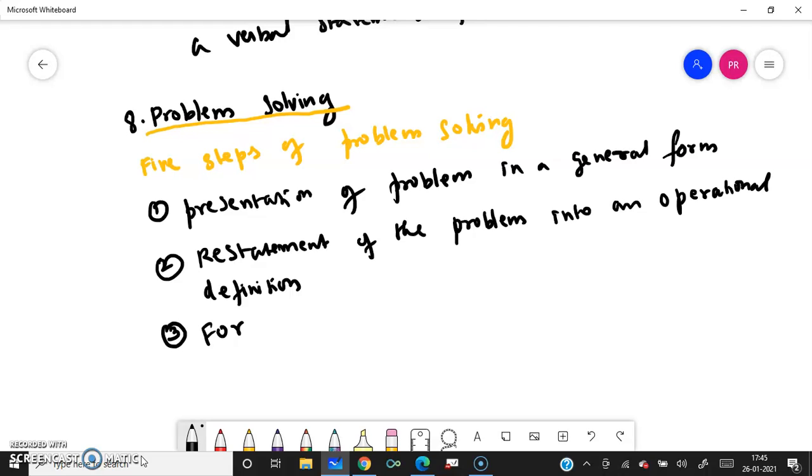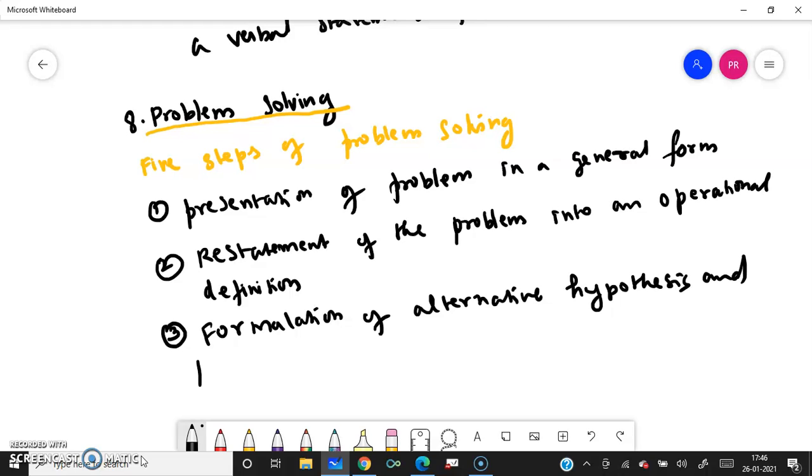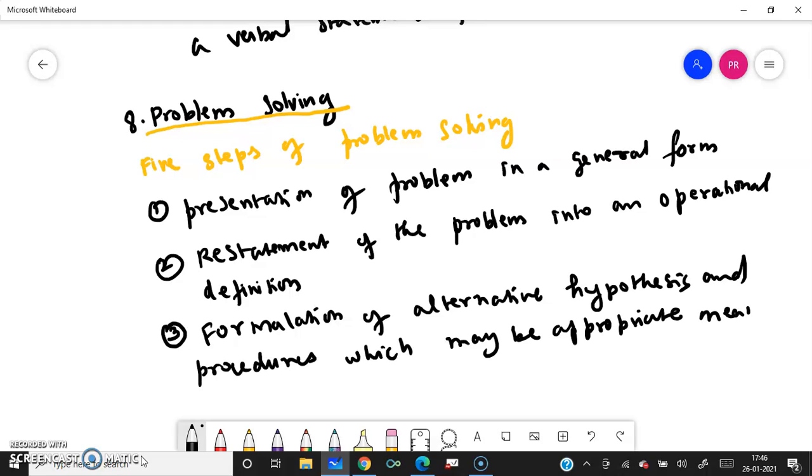Next is formulation of alternative hypotheses and procedures which may be appropriate means of attacking the problem.